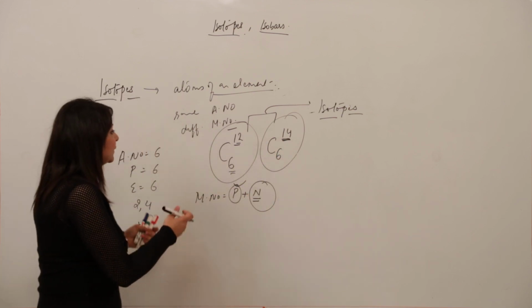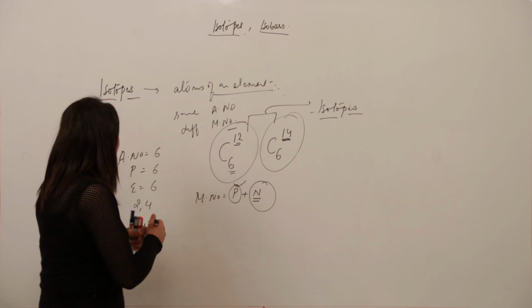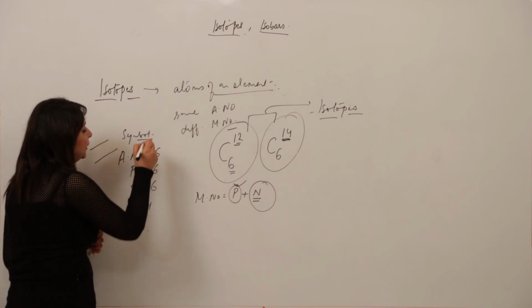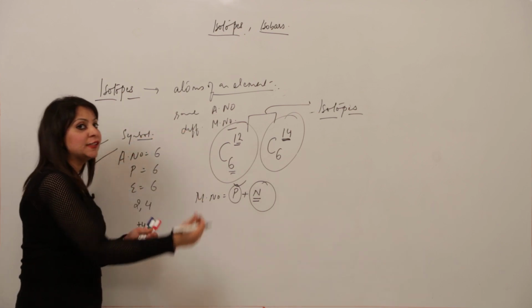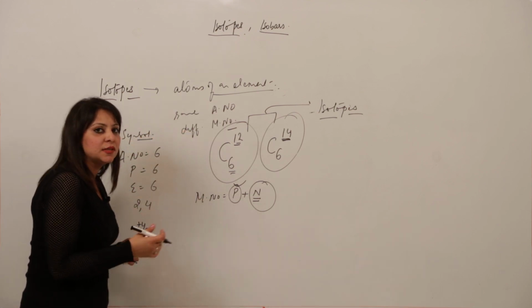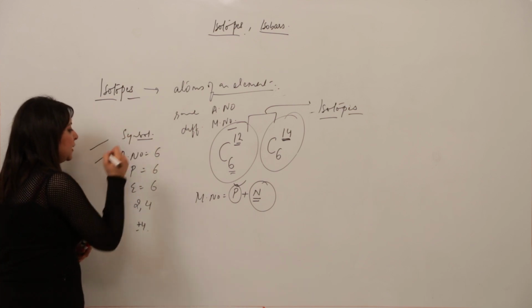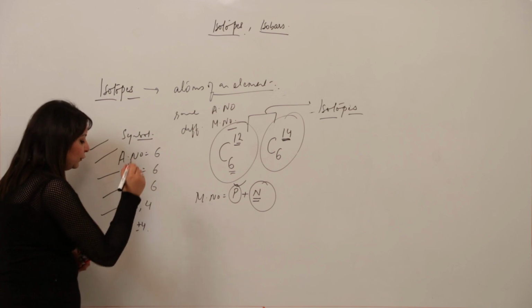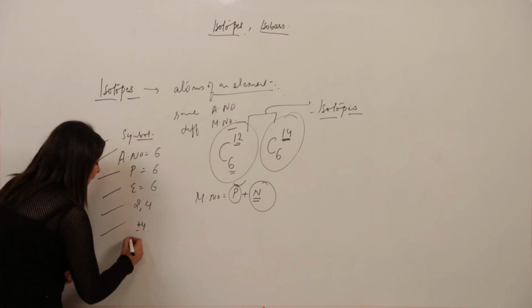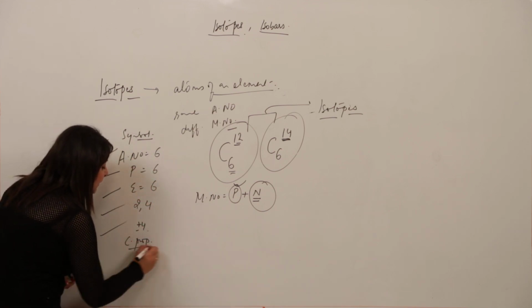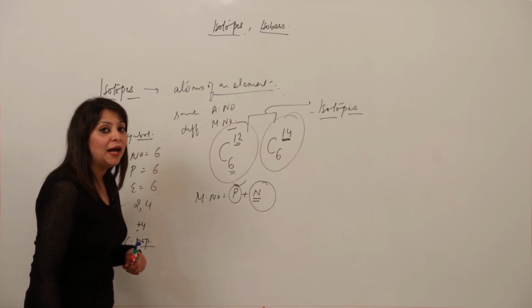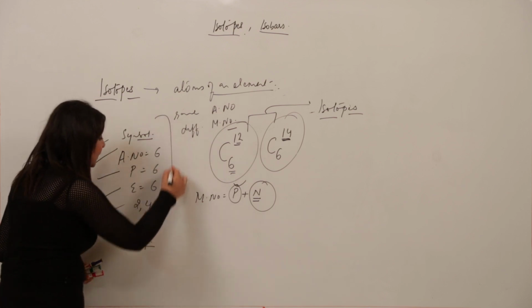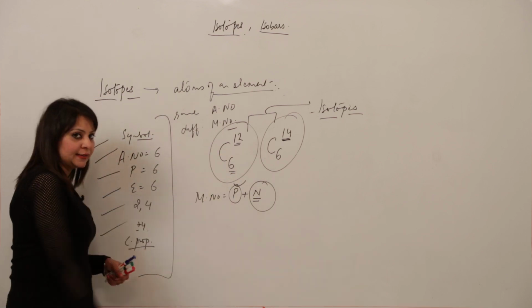The atomic number corresponds to the symbol, so if the atomic number is the same, the symbol is also the same. So they have the same symbol, same atomic number, same number of protons, same electrons, same configuration, same valency, and even all the chemical properties will be the same because chemical properties are determined by the valency, as I told you in the previous lecture. These are all similarities they will exhibit.